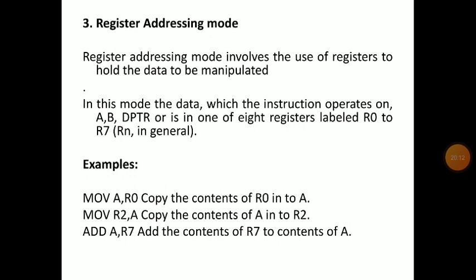In this mode, the data which the instruction operates on is in A, B, DPTR, or one of the 8 registers labeled R0 to R7, and Rn in general. If you want to write a general term for these registers, you can write R with subscript n. So that will represent the registers.